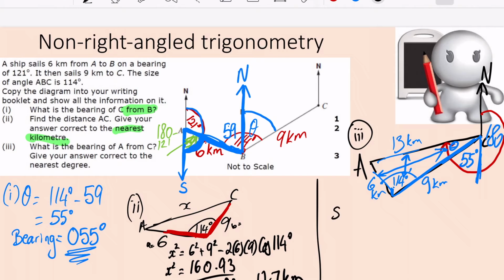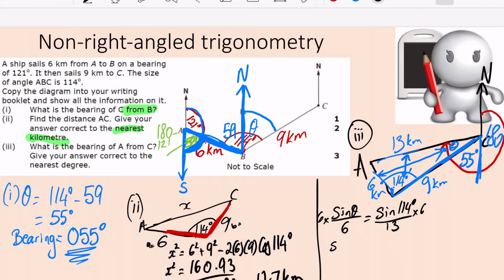So we've got sine theta over 6 is equal to the sine of 114 degrees over 13. Now even though the correct answer is 12.7, if you've used the correct answer from the previous question, they'll take that into consideration. So carrying on, I'm going to multiply both sides by 6.